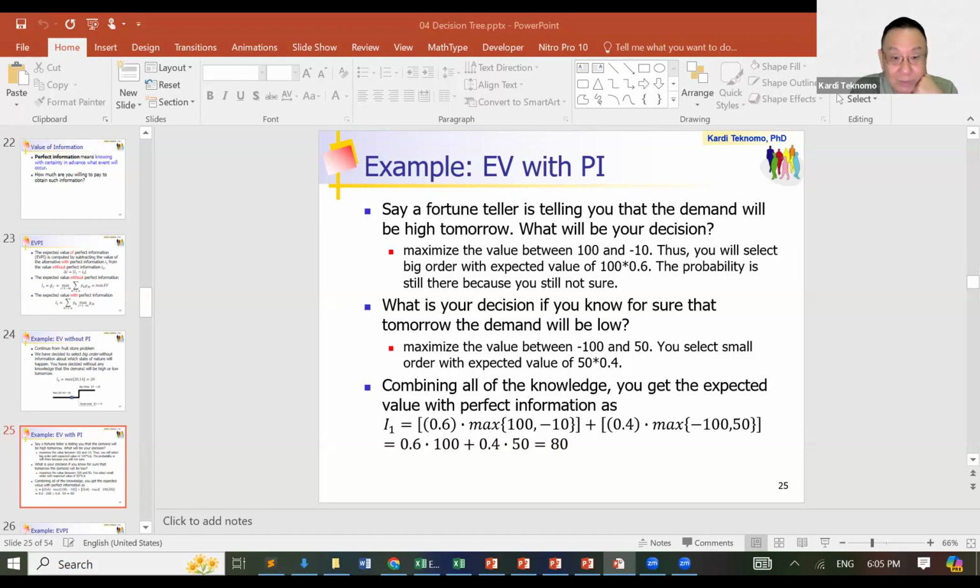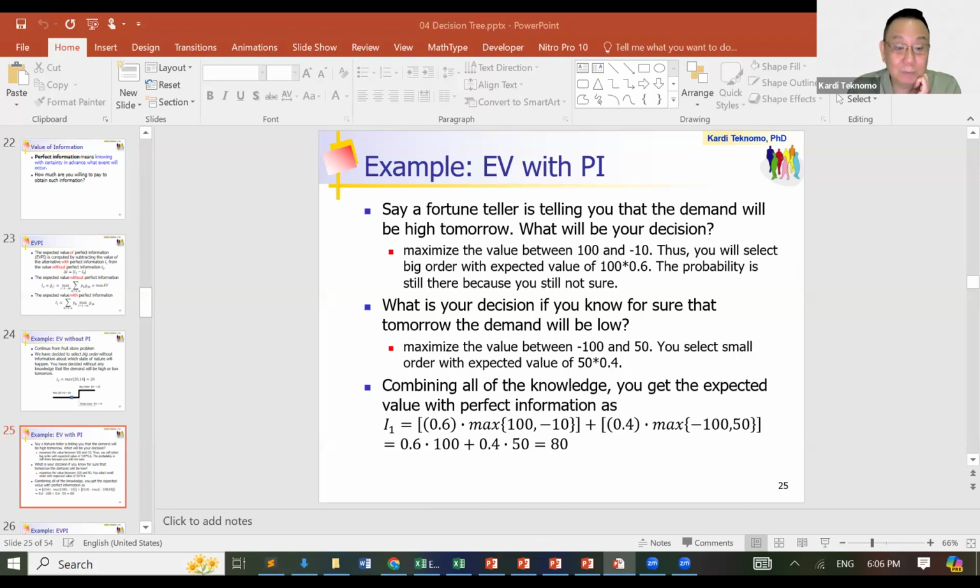So you combine these two pieces of knowledge and get the expected value with perfect information: 0.6 multiplied by the maximum between 100 and minus 10, plus 0.4 multiplied by the maximum between minus 150 and 50. Then you get 80.